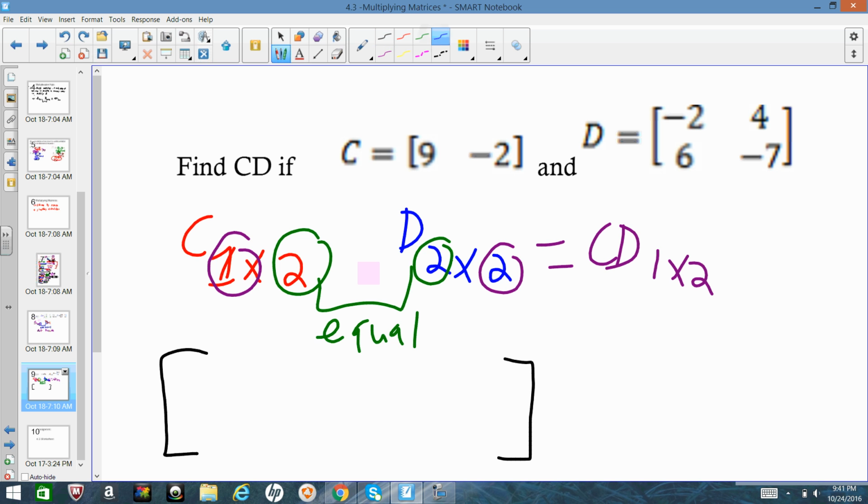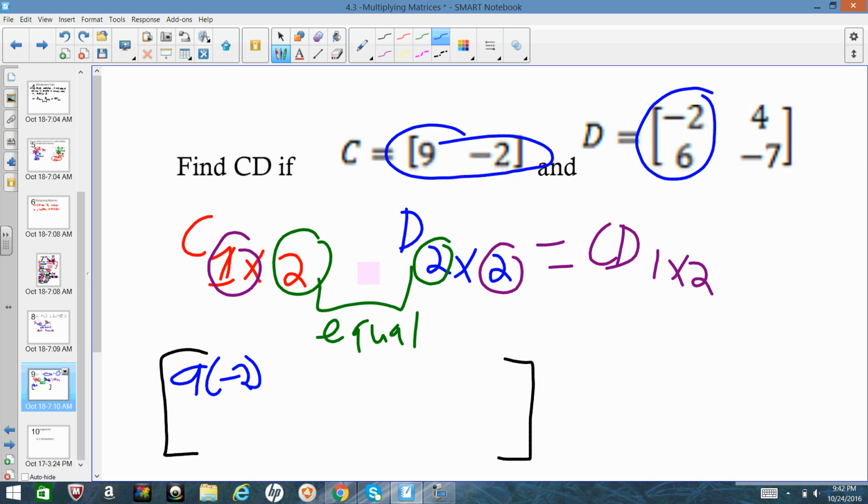So because it's a 1 by 2, I'm going to take the one row of C times the left column of D. So I'm going to have 9 times negative 2 plus negative 2 times 6.